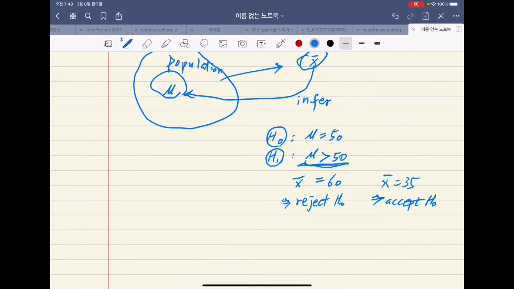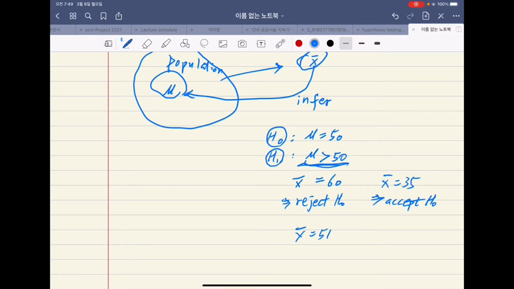Now, the problem is what happens if x bar turns out to be, let's say, 51? Then it's very difficult to make a concrete conclusion. We are going to deal with this type of situation where it's very hard to make decisions about the hypothesis.